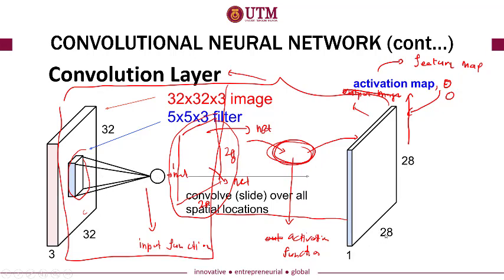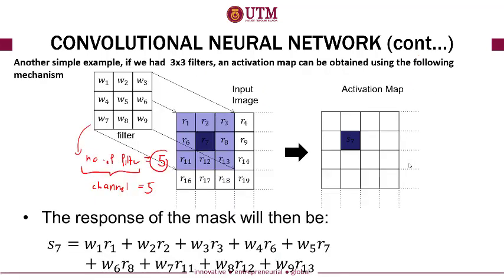So why is it 28 times 28? If you remember, if you have a 3 times 3 filter, then you will start at this point. You don't start at this point.